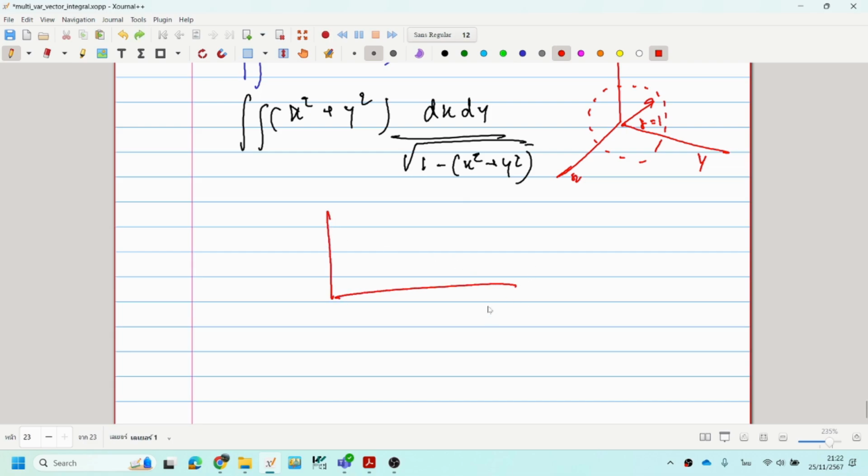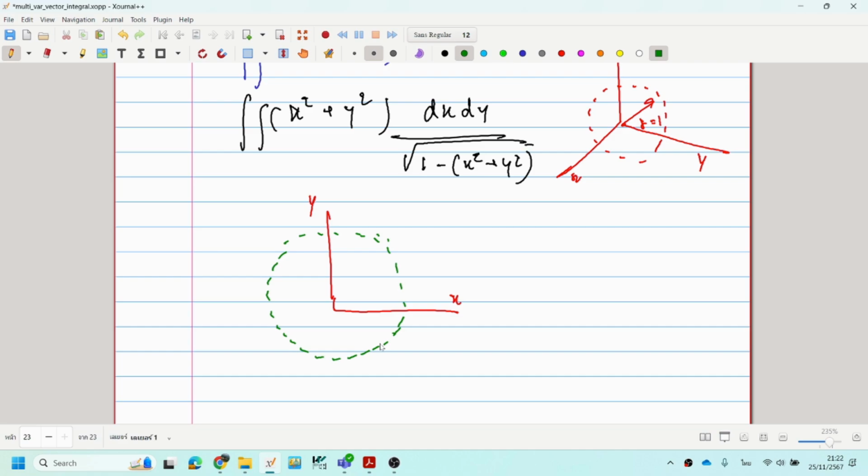X, Y, right? And inside of the area, the region is a circle, because we project the sphere, the ball shape, right?